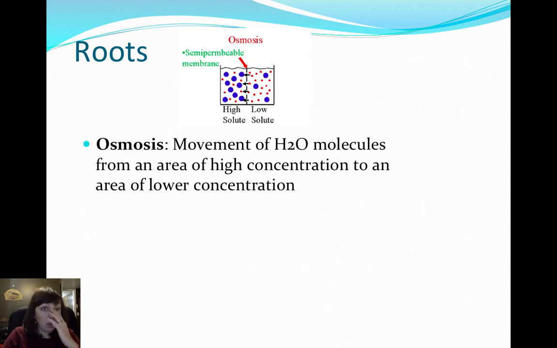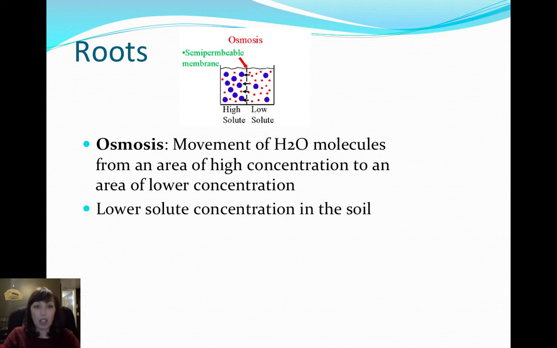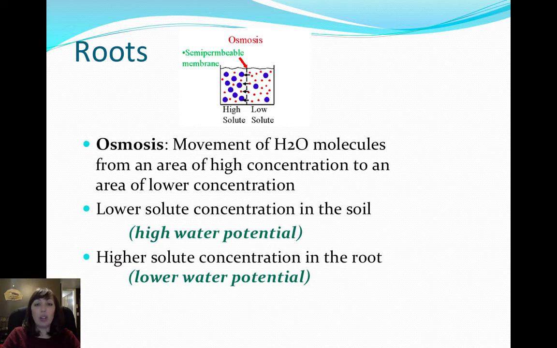Okay, so the water is moving into the cells through osmosis. And we know that osmosis is the movement of water molecules from an area of high concentration to an area of lower concentration. Okay, and there's lower solute concentration in the soil, meaning it has high water potential, and the higher solute concentration in the root is lower water potential.